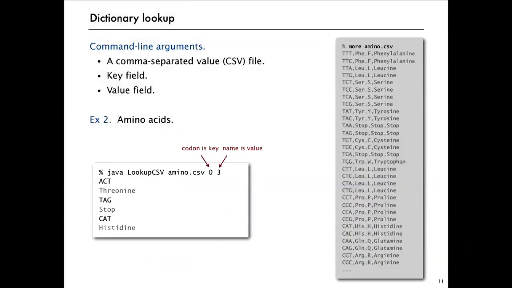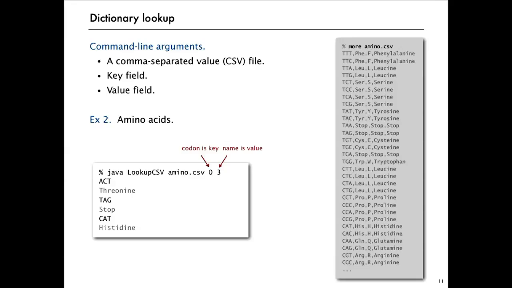For example, here's another CSV file from biology that deals with amino acids and codons and names. In this case, the first field is 3 letters from a DNA sequence, which represents a codon, and certain codons have names.